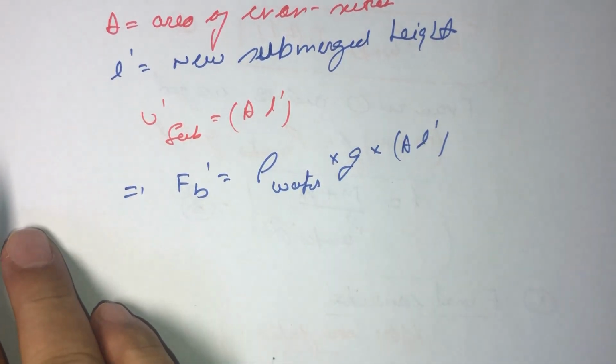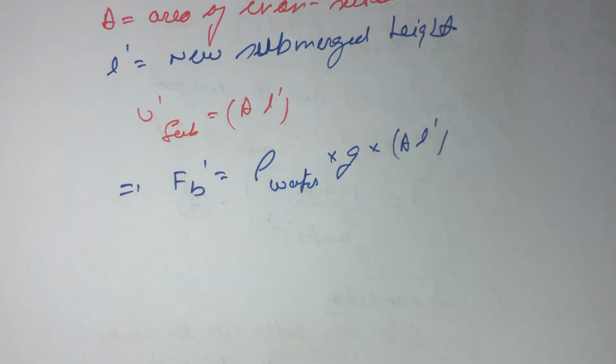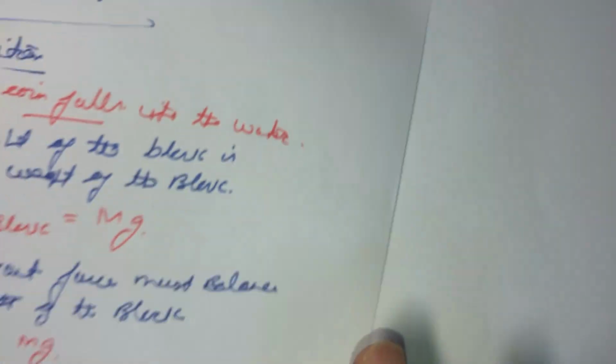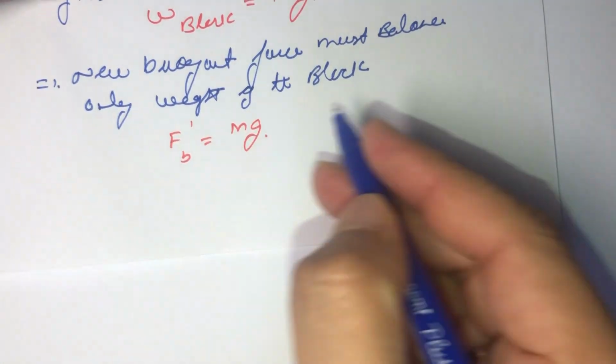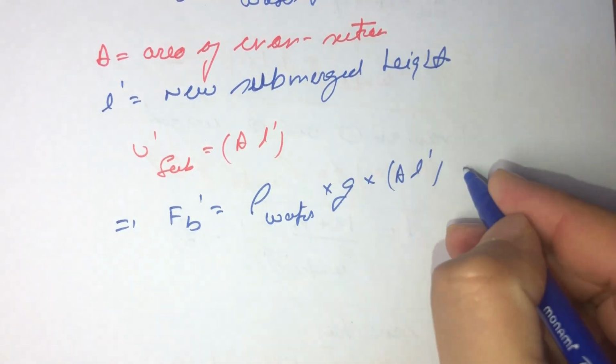We also found Fp prime is mg. Let us call this equation number 4 and this equation number 5.